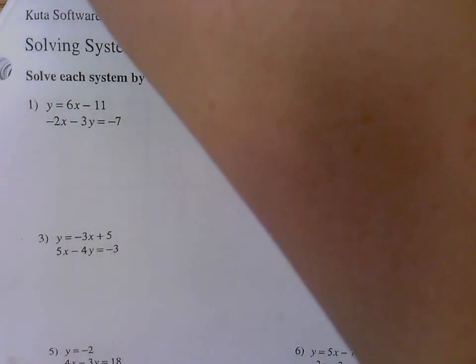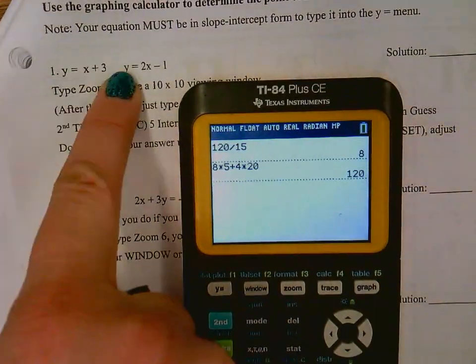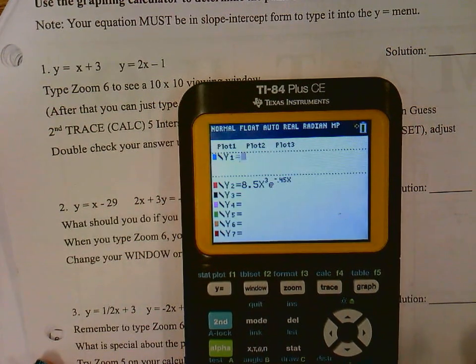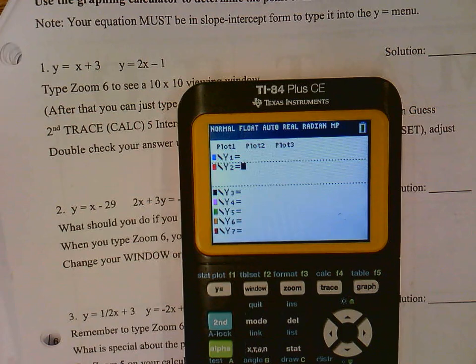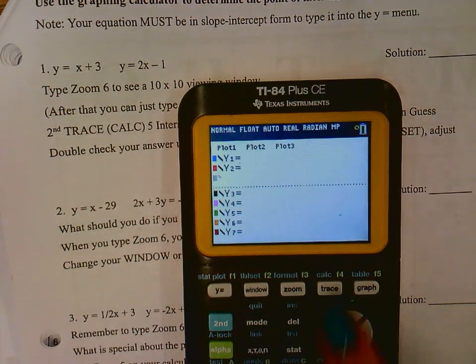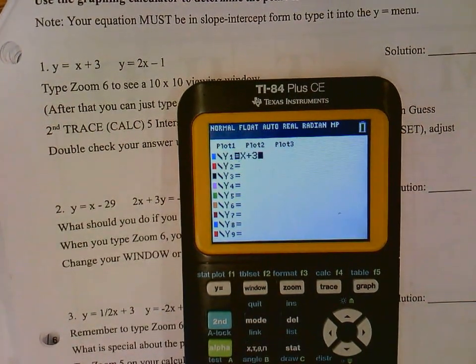Type it in. But I'm going to type, this is the first equation. So y equals, clear everything out. If you have a plot on, it's like black right now, you want to unhighlight. So none of your stat plots should be on, so turn them all off. In your y1, you're going to put x plus 3, and you're using the variable key for x.